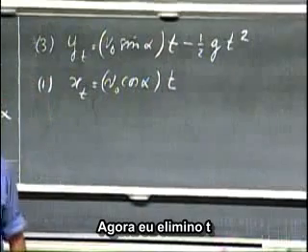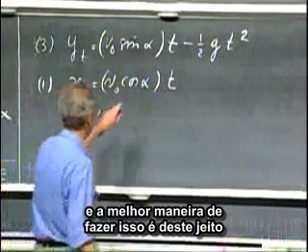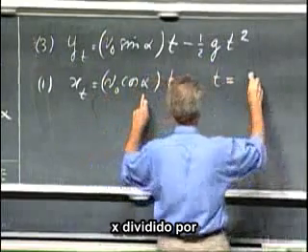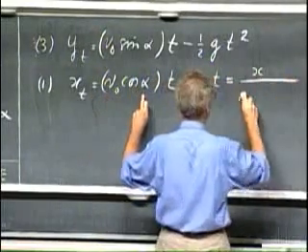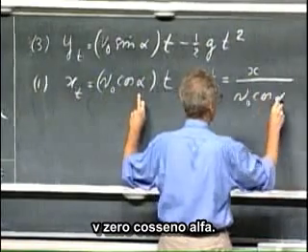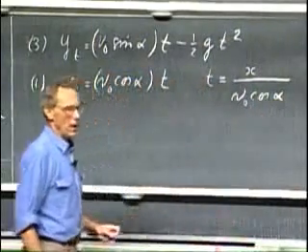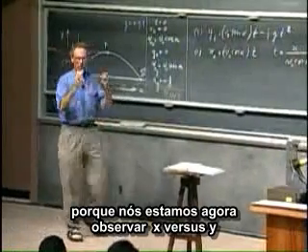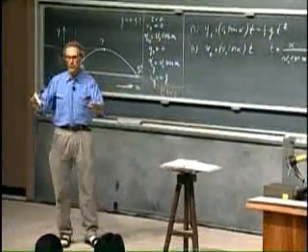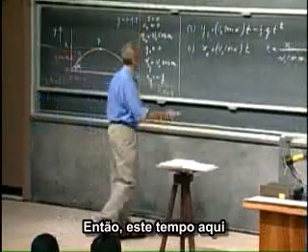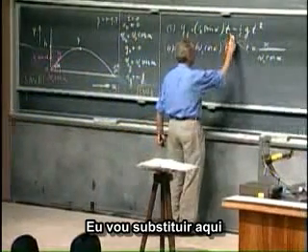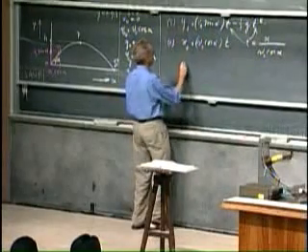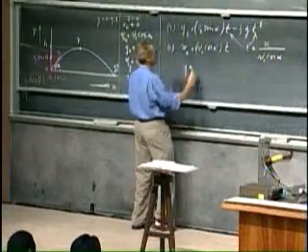Now I eliminate t, and the best way to do that is to write for t: x divided by v0 cosine alpha. Now I can drop all subscripts t, because we're now going to see y versus x. We're going to eliminate t. So I'm going to substitute this time in here and in there, and so I get y equals.